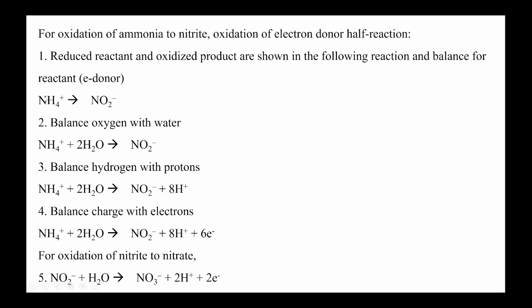First the ammonium ion is oxidized into nitrite. So how do you find the number of electrons? You have to balance this equation. You have one nitrogen this side, one nitrogen this side, so nitrogen is already balanced. Let's balance the oxygen first. You have two oxygen here. How do we balance oxygen? By adding water molecules.